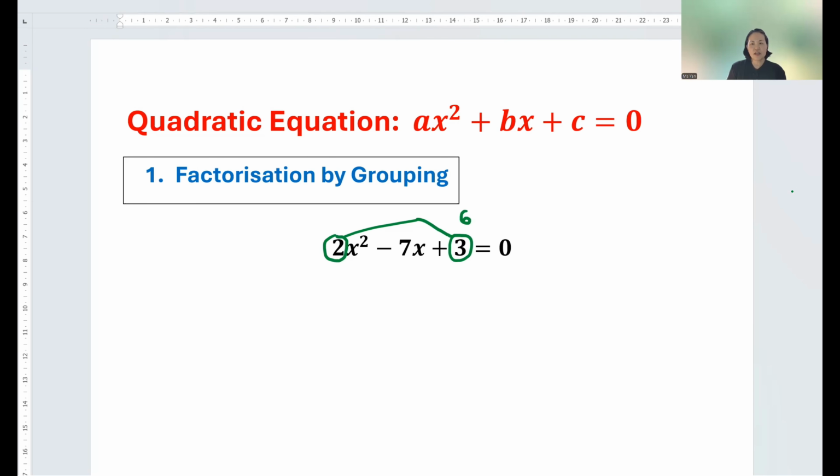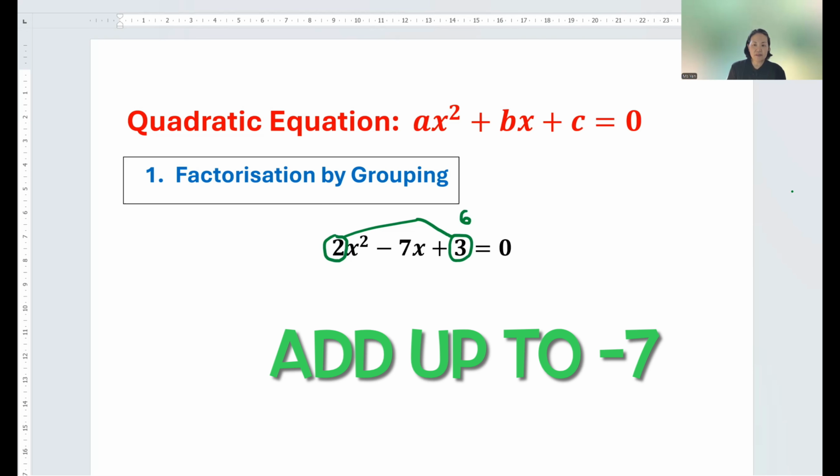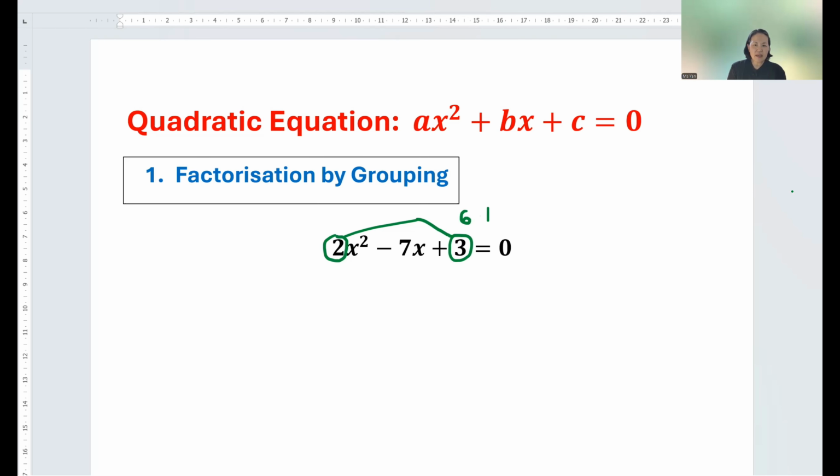Now I need to find 2 factors of 6 that multiply to 6 and add up to minus 7. Automatically I can see 1 and 6 will give me 7, but it's not going to give me minus 7. So I need to make it minus 1 and minus 6. When I add them together, I have minus 7, but when I multiply them, I have plus 6. So I'll be on the right track.